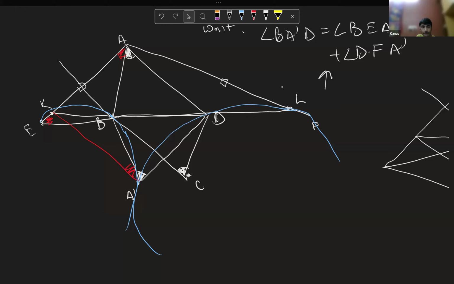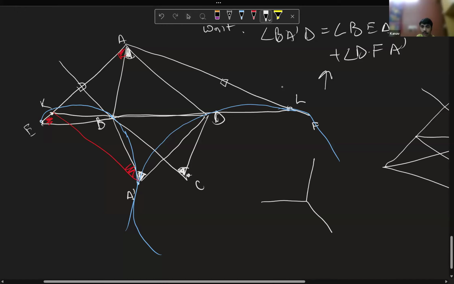Perfect. So if we just look at this sub picture, right? We are looking at this angle, right? Yeah, we could look at BA dash. We can look at this angle as well.